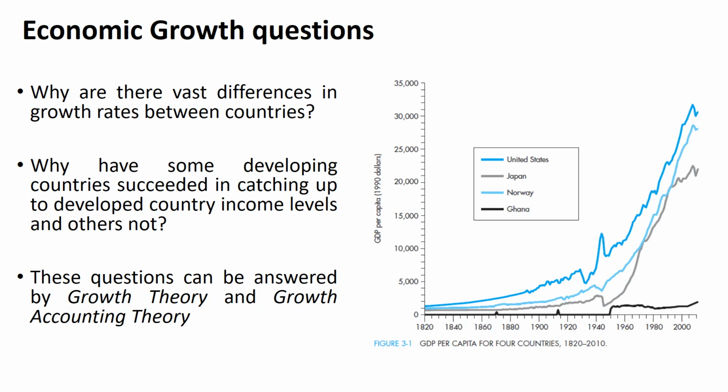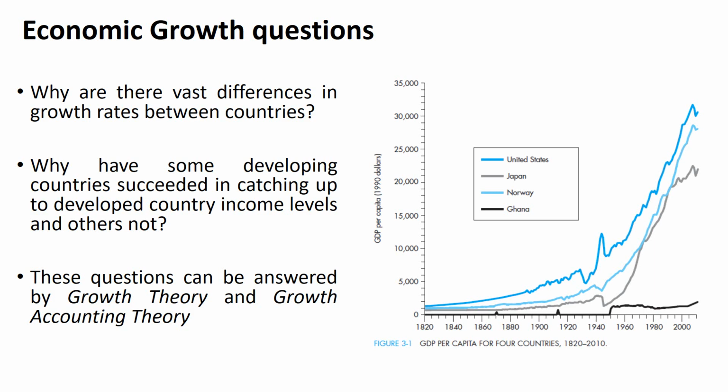And the second thing that we would wonder, if we look at how economic growth in particular countries has changed over time, is why have some countries which started out with really low economic growth rates been able to catch up to the growth rates of the more developed countries?